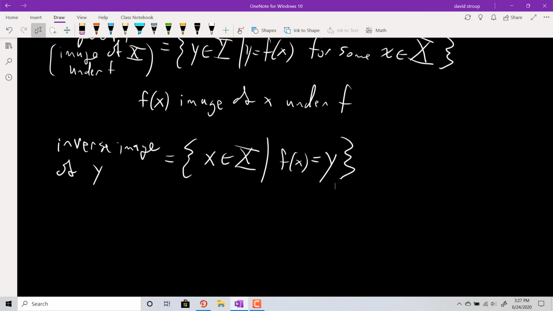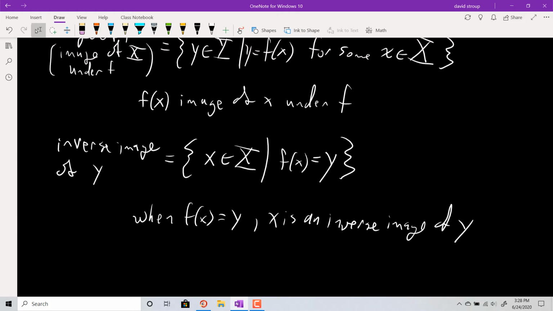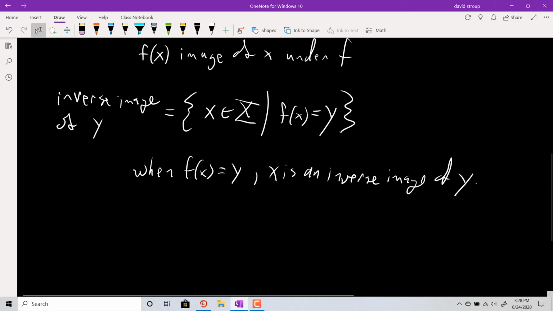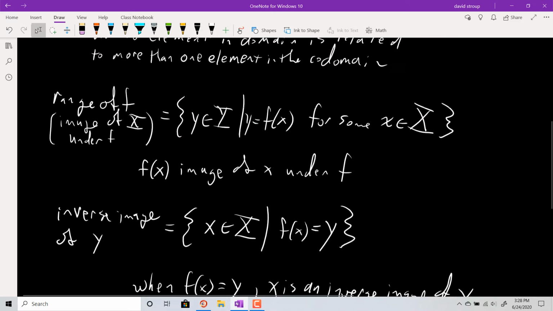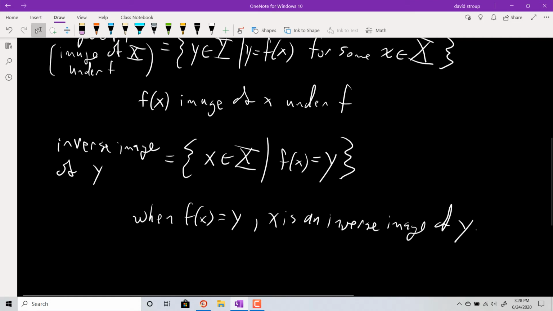We could talk about single objects again here, and we'd say when f of x equals y, x is an inverse image of y.